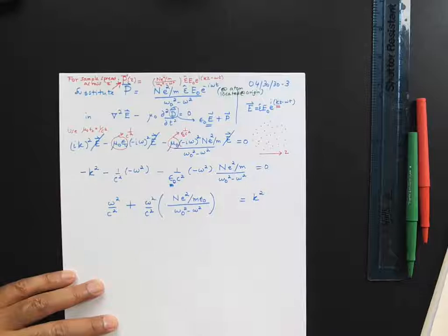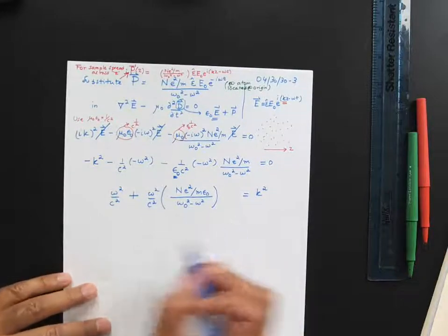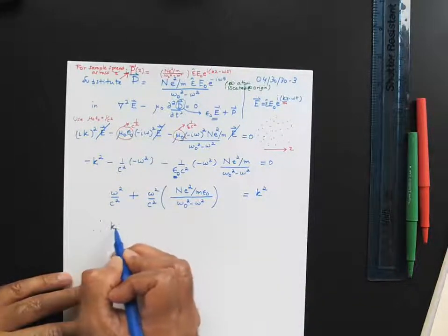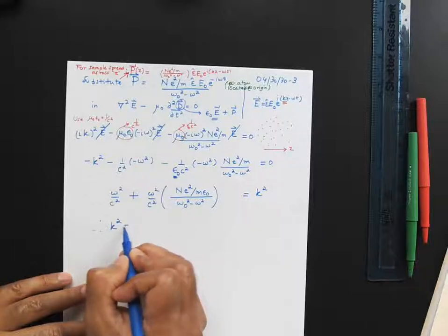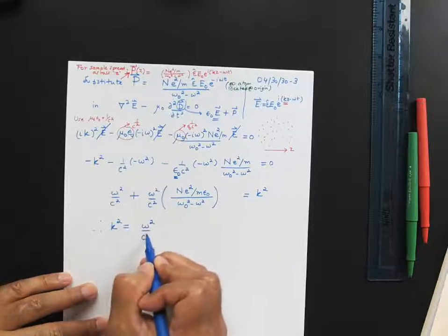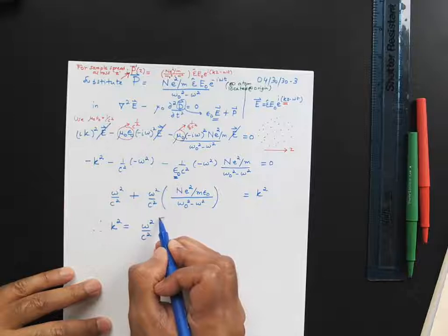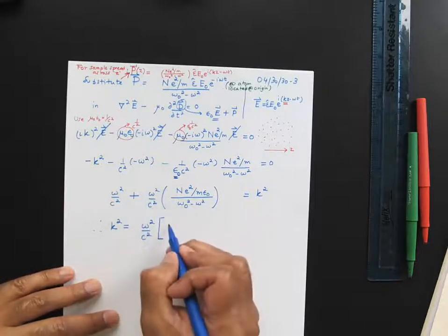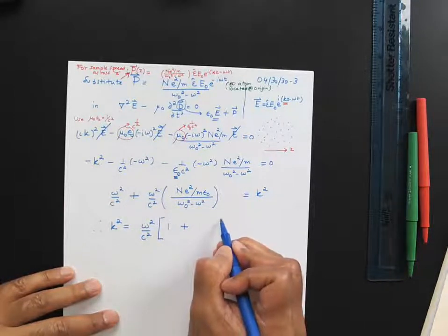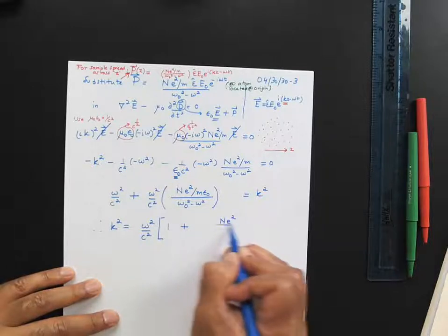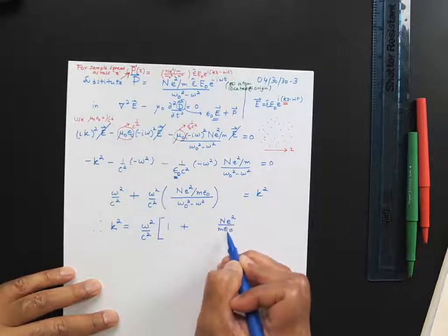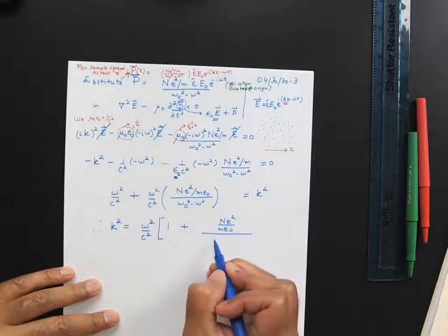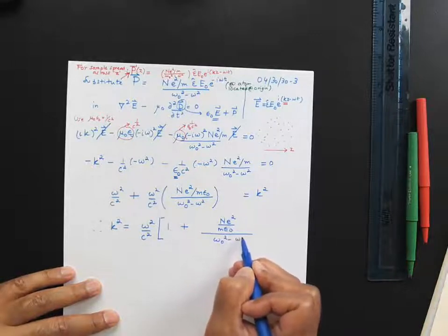Okay, so what I see is, therefore, k squared equals omega squared over c squared, factor is common, 1 plus n e squared over m epsilon naught divided by omega naught squared.